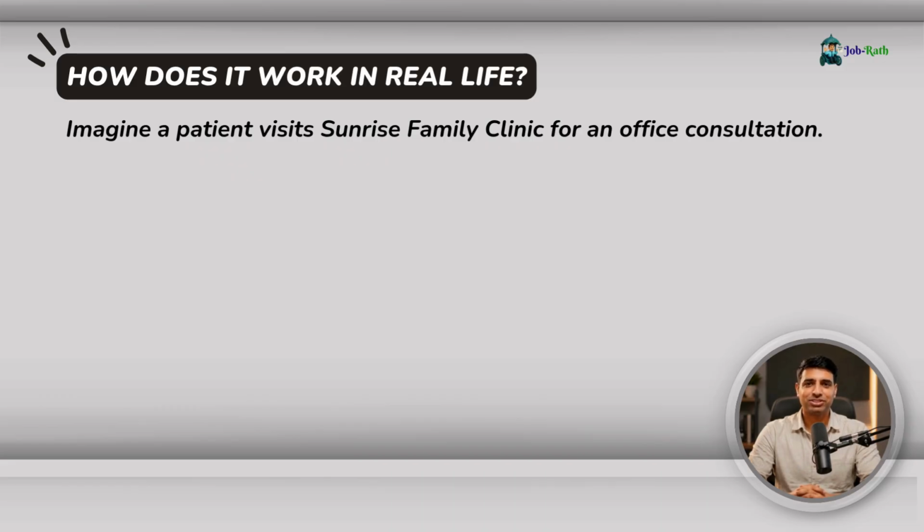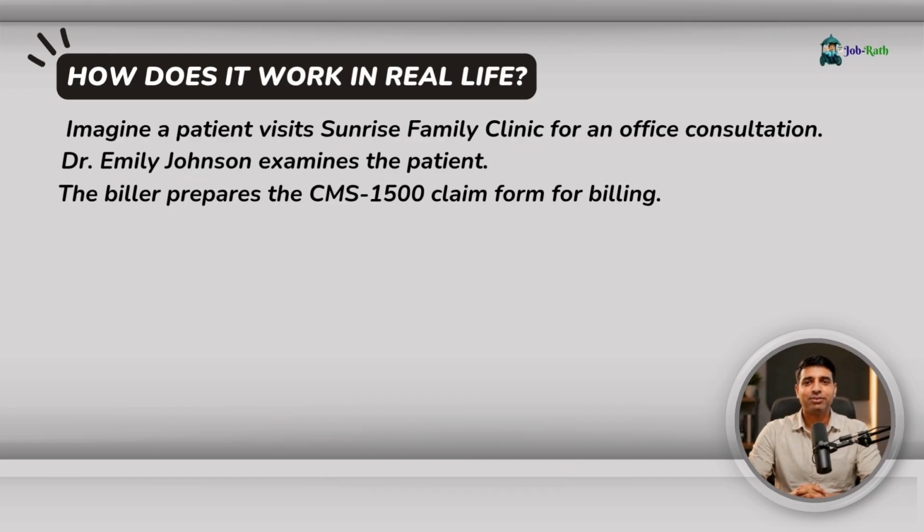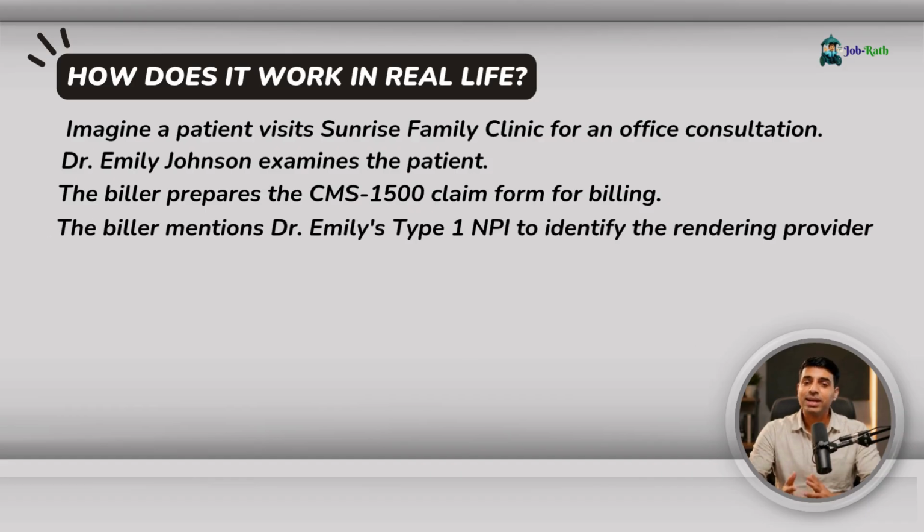Imagine a patient visits Sunrise Family Clinic for an office consultation. Dr. Emily Johnson examines the patient. After that, the biller prepares the CMS 1500 claim form for billing. On the claim form, the biller mentions Dr. Emily's Type 1 NPI to identify the rendering provider who treated the patient.